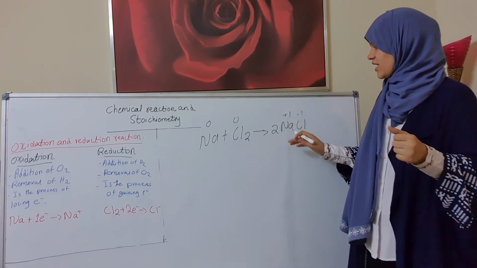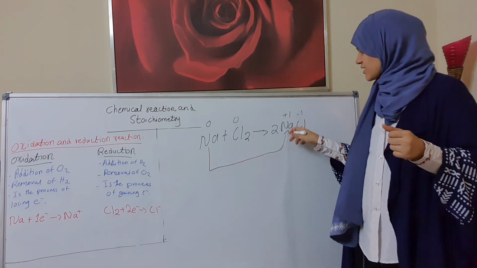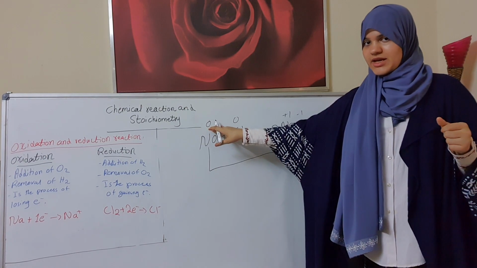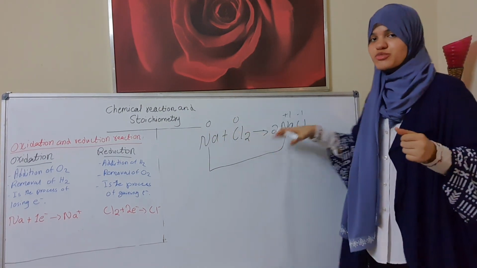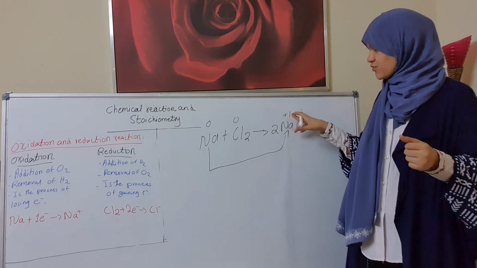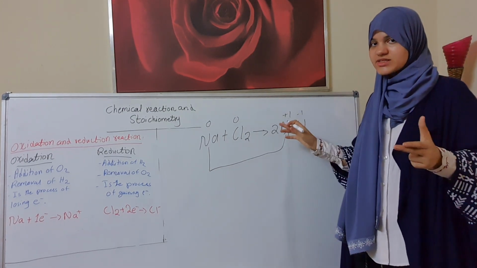So Na will be plus 1, and chlorine will be negative 1, because chlorine is in the halogens group, which is group 7. Now, in the reactant, sodium was 0, but in the product sodium is positive 1. So there is a change, right?